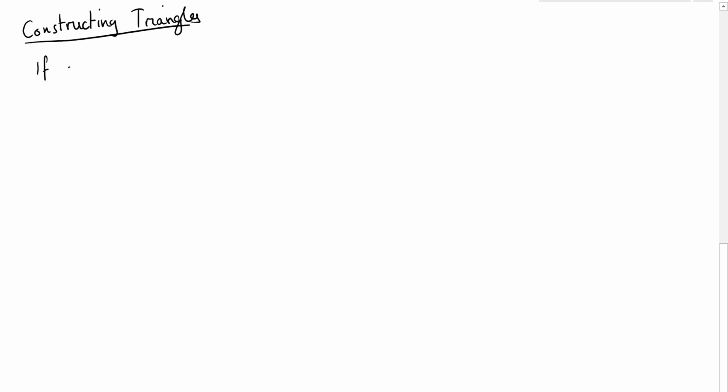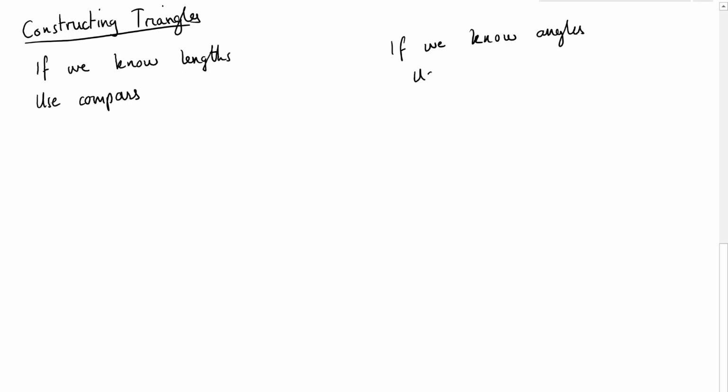So if we know the lengths of the sides of the triangle, we use a compass. And if we know the angles, we want to use a protractor.